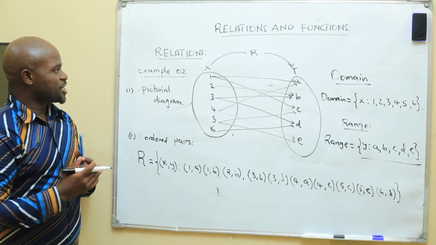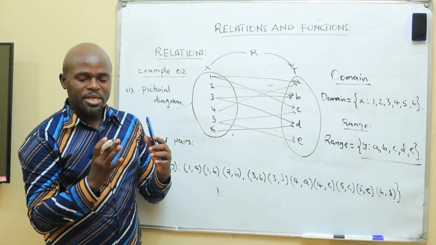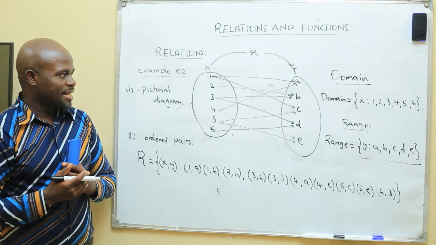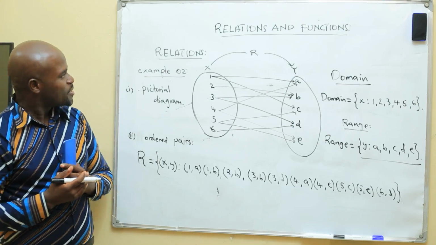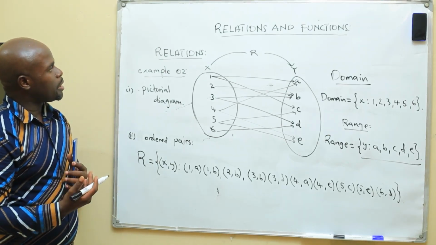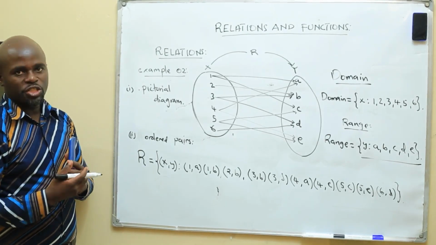So this is a relation: we see how elements of the first set relate with elements of the second set. Good. Now, after discussing a little bit about relation, let's move to function.